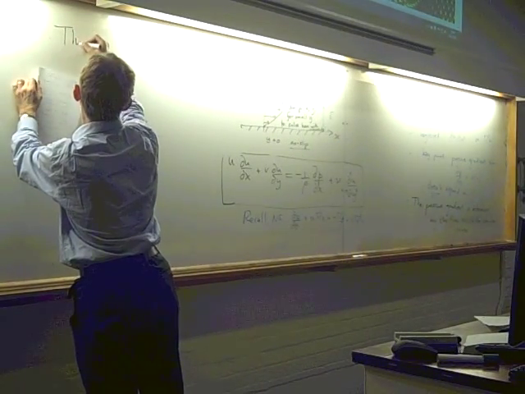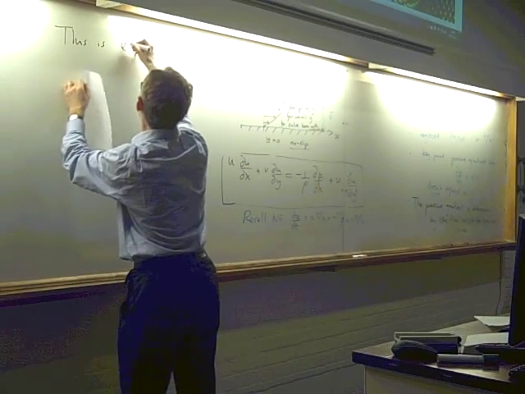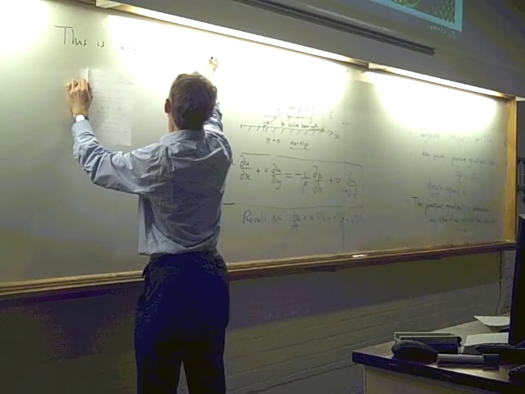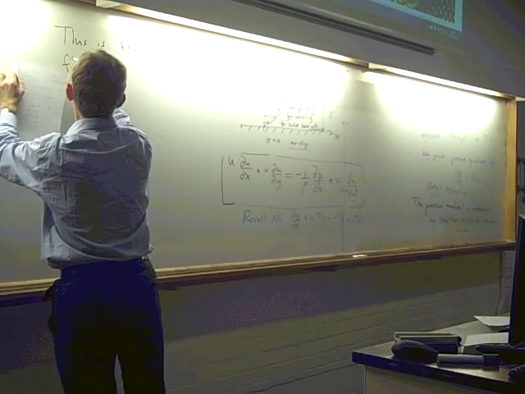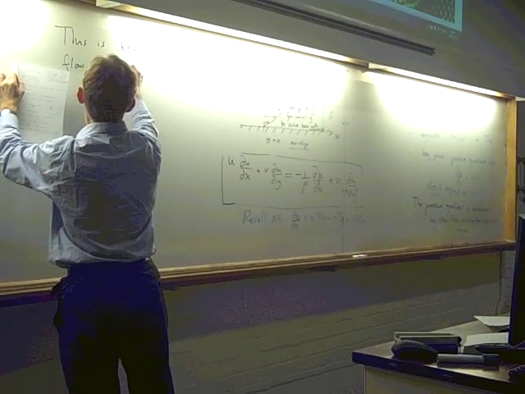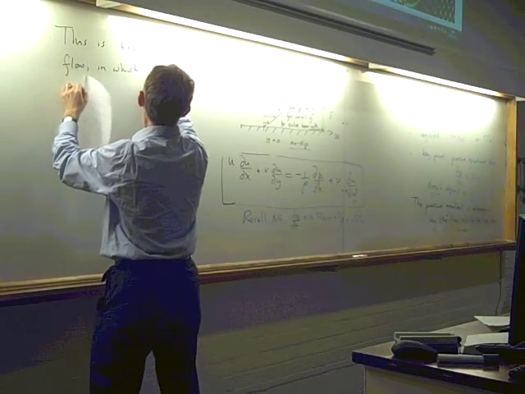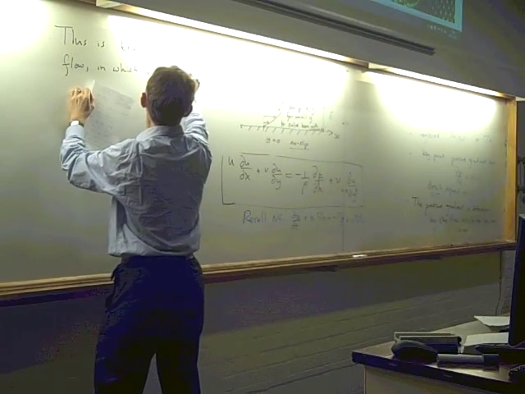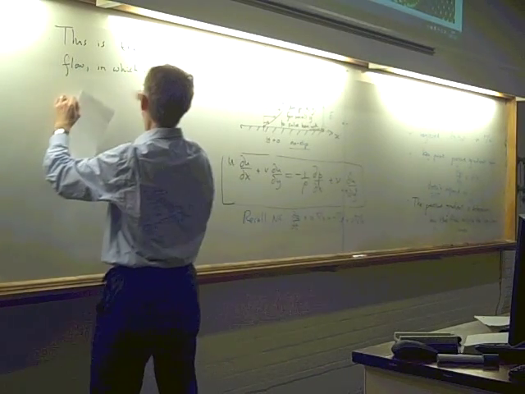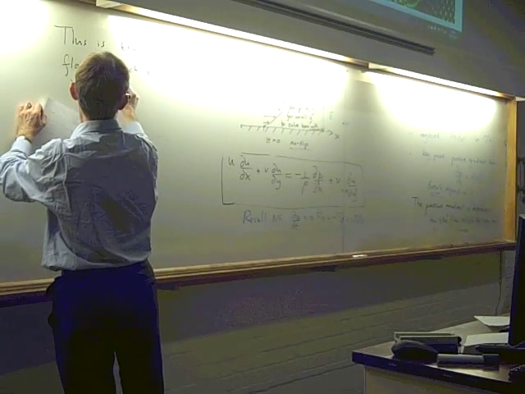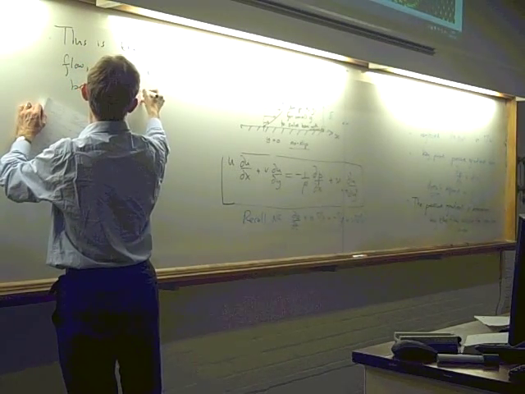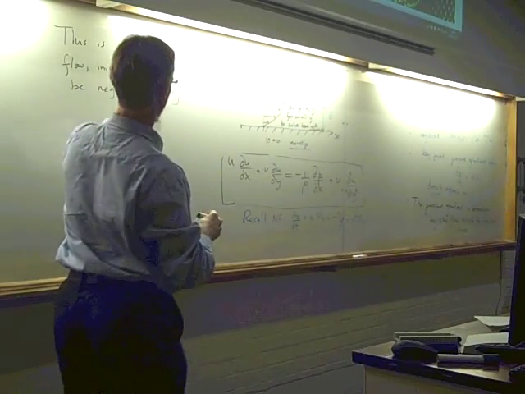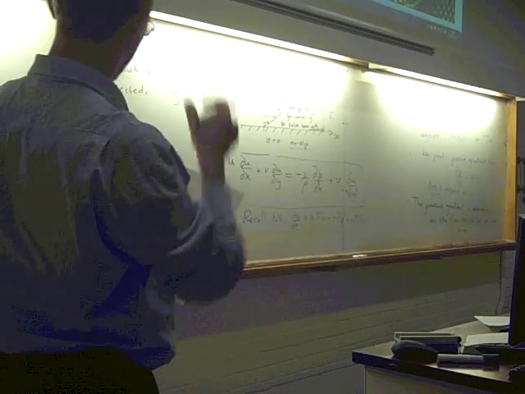So this is the main stream flow, in which viscosity may be neglected. Okay, and here the values of y are what you call order 1. They're values that are not particularly small.